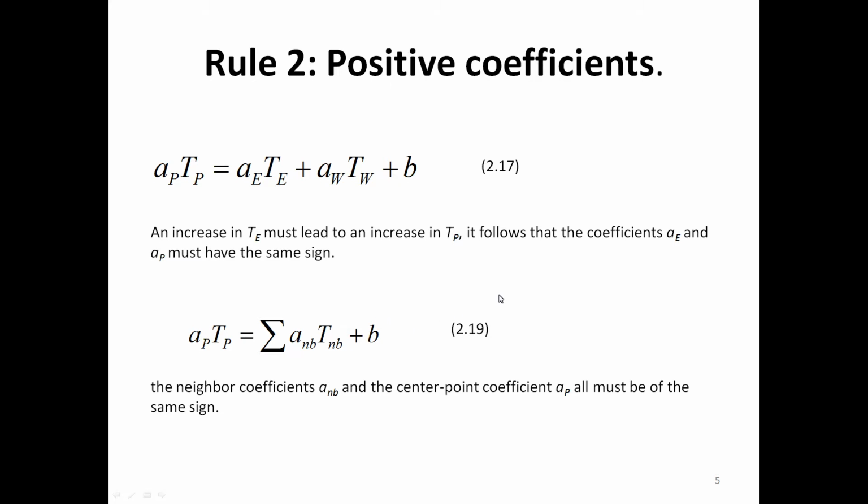Usually, the consequence is a physically unrealistic solution. The presence of negative neighbor coefficients can lead to the situation in which an increase in a boundary temperature causes the temperature at the adjacent grid point to decrease. We shall accept only those formulations that guarantee positive coefficients under all circumstances.